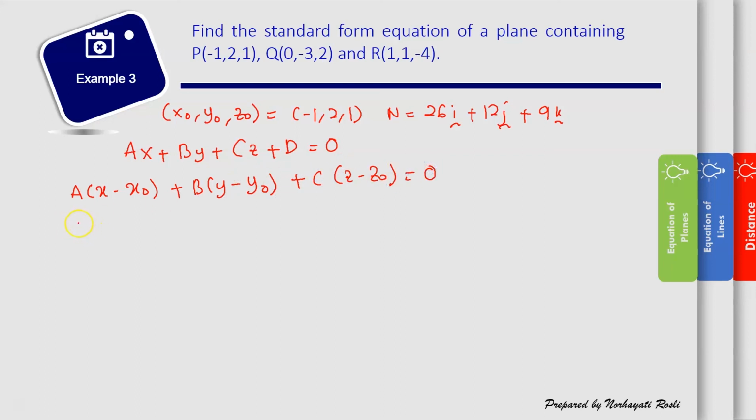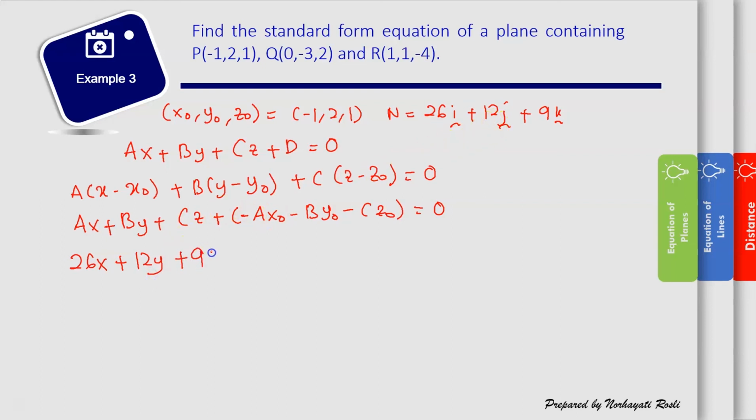So here we will have Ax plus By plus Cz plus negative Ax0 minus By0 minus Cz0 equal to 0. So our A is 26. Instead, we have 26x plus 12y. B is 12, plus 9z plus negative 26 times negative 1, our x0, minus 12 times 2 minus 9 times 1 equal to 0.